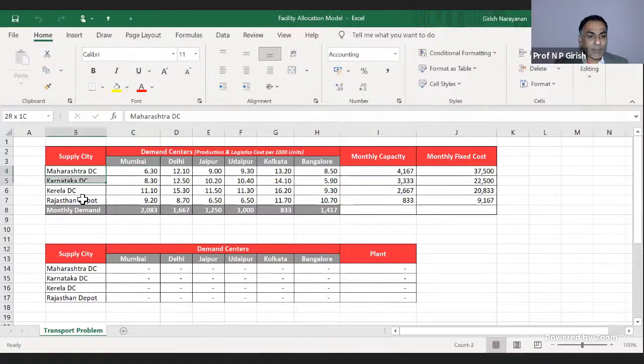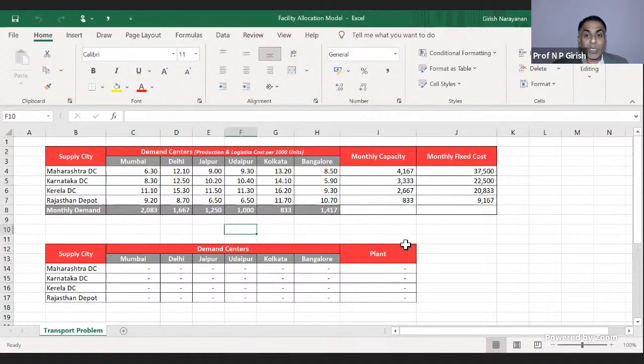So you have the supply location, you have the capacity of the supply location, you have the fixed cost of the supply location, you have the demand center, you have the quantity demanded of the demand center. That is 3 aspects related to supply, 2 aspects related to demand, and 1 aspect in combination of demand and supply, the logistics cost, which links each demand center to each supply center.